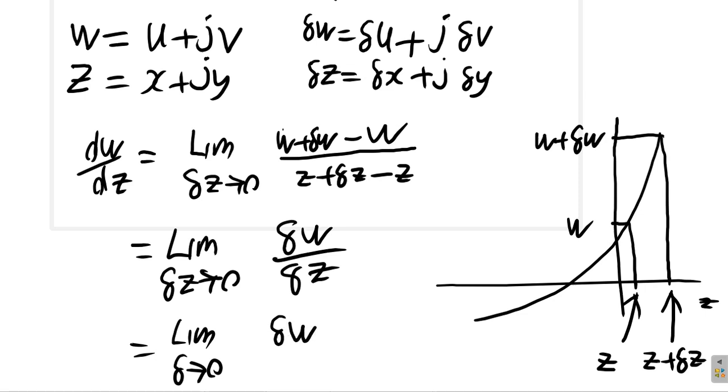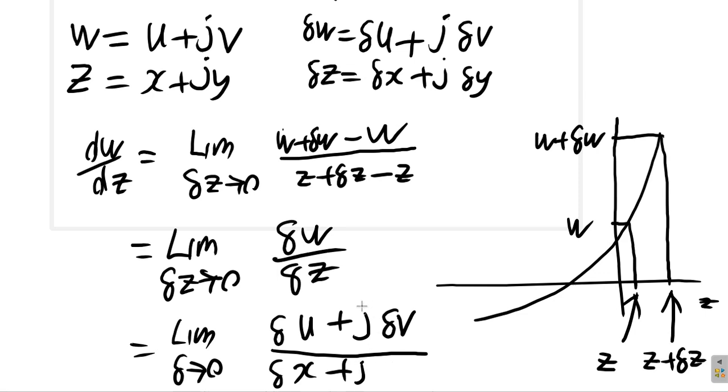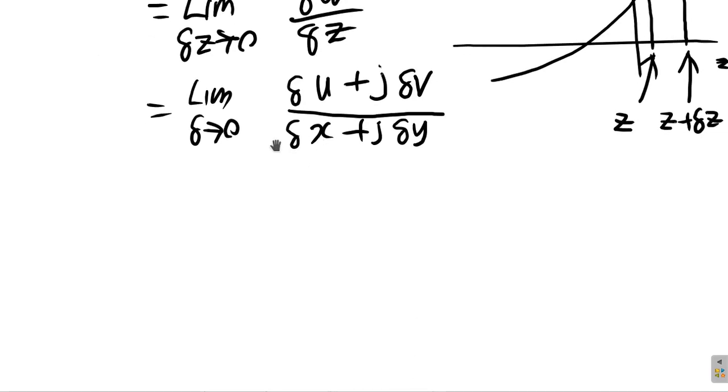It's change in U, like we have up here. Change in U plus J change in V, over this one now, that's delta Z, that's change in X plus J change in Y. Alright? Now you have X and Y on the bottom.